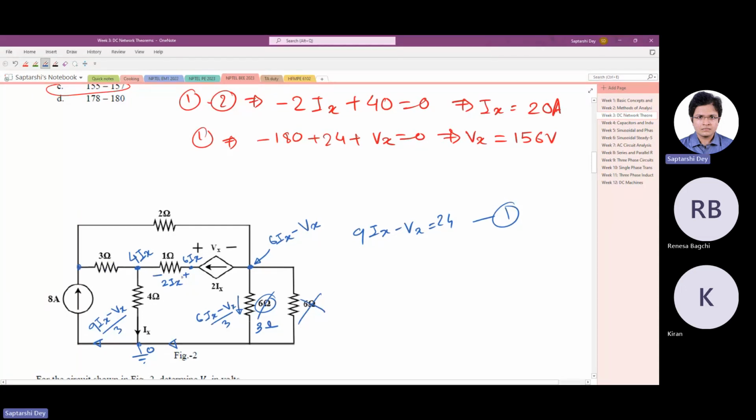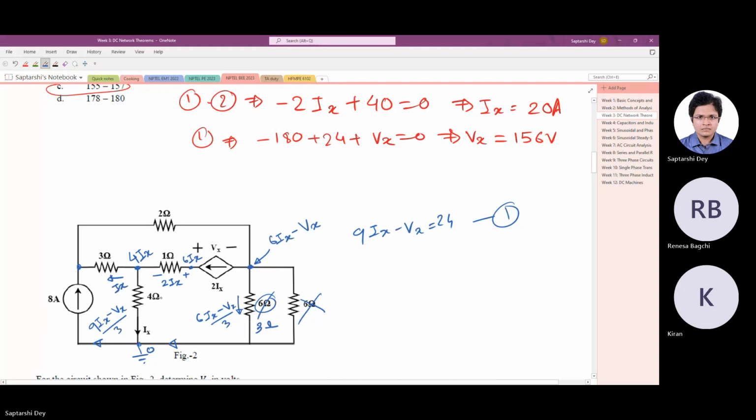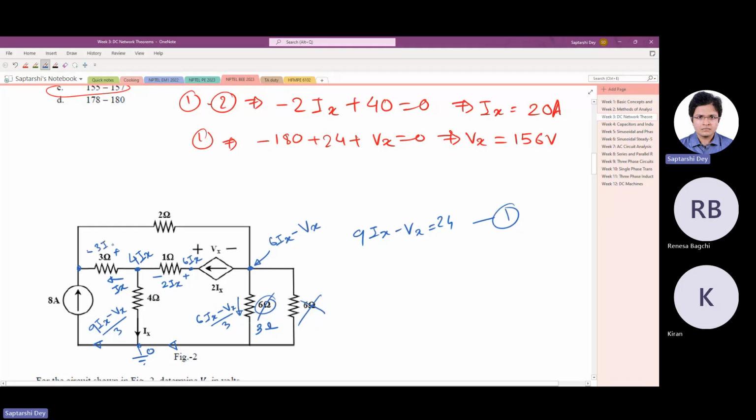Yes, we can find out. This is Ix. So a drop of 3Ix.